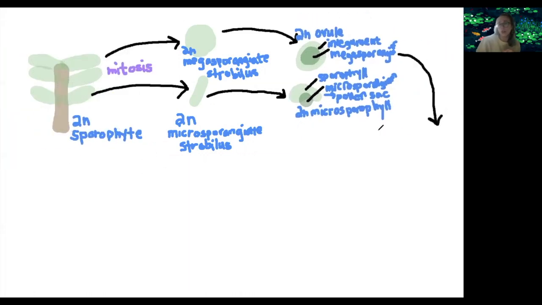So within our ovule, we still have our integument on the outside, megasporangium on the inside. Now, what happens inside of this megasporangium? Obviously, this is still diploid tissue. We produce all of this by mitosis, but our goal in making a sporangium is what? To produce spores.